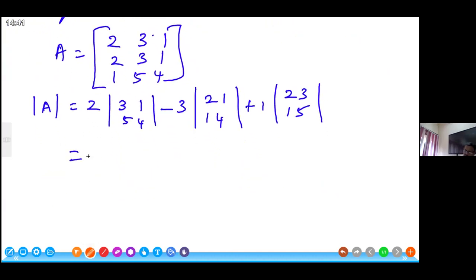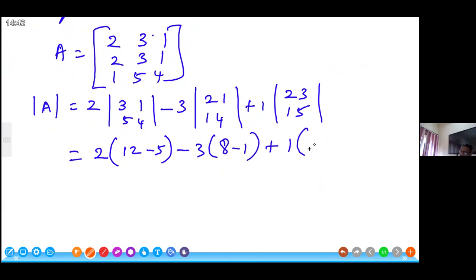So that is equal to 2 into 12 minus 5, minus 3 into 8 minus 1, plus 1 into 10 minus 3.